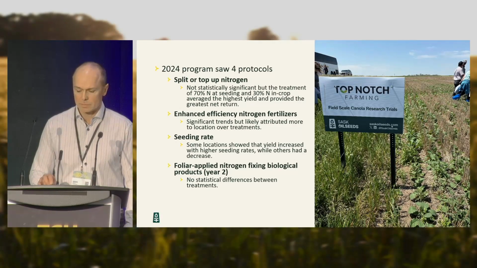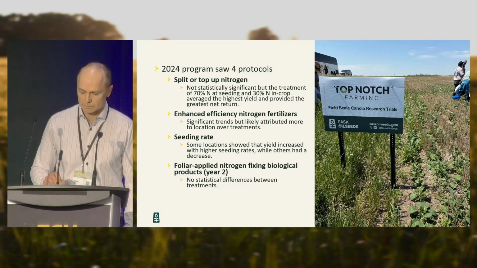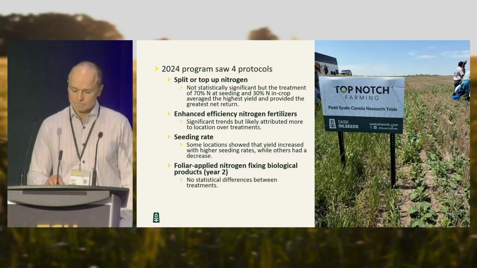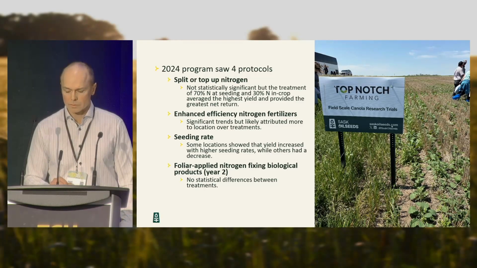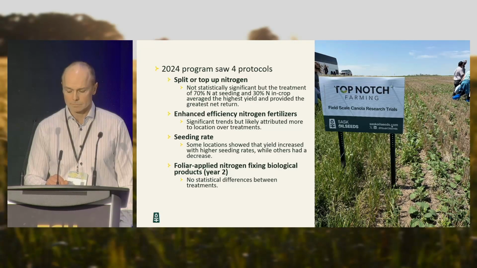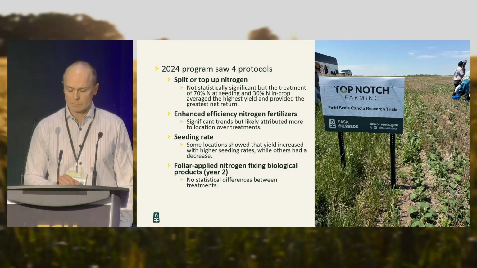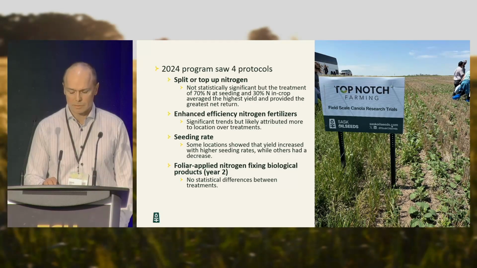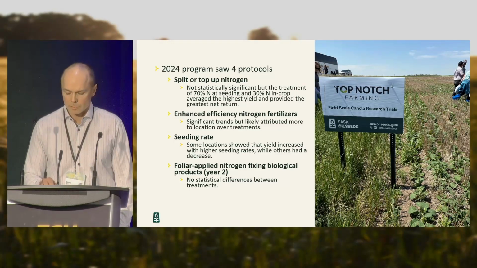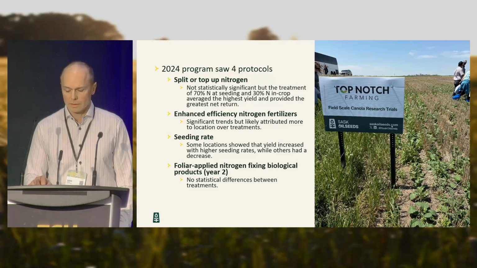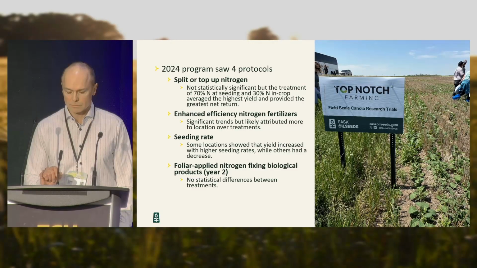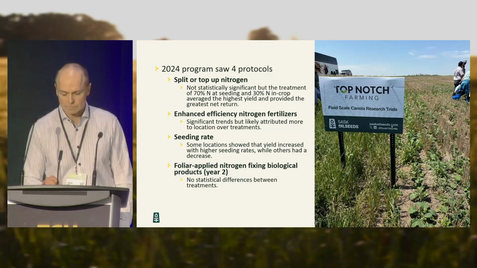So it's suspected that there are differences due to location. For the seeding rate trial, locations were grouped by plant count densities, and there was variability seen in the results. A couple of the sites saw higher yields with higher seeding rates, and one site showed the opposite effect.